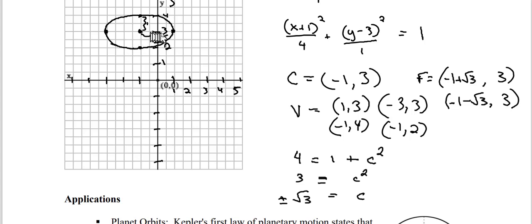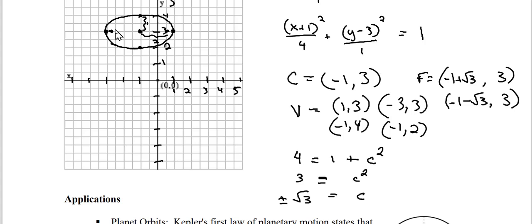From that center I'm going right and left, which impacts the x coordinate of those points. Square root of 3 is like 1.7-ish. So I'm going to go 1 space, and that's almost all the way over here, keeping in mind our scale here. So those are pretty close out there to those vertices.